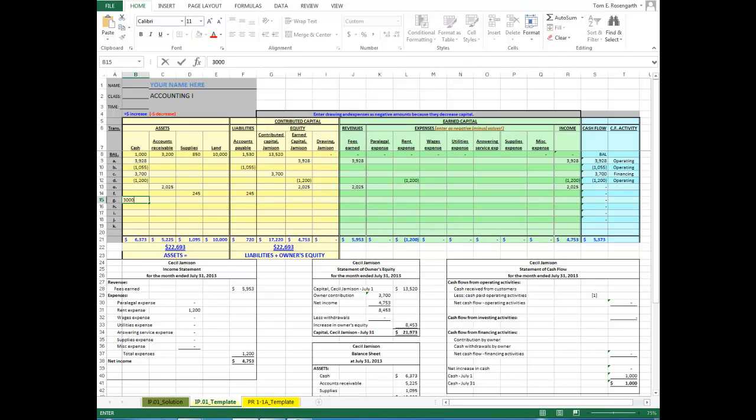So the cash account for Cecil Jameson would increase, and because this was a payment on account, that means some of Cecil's clients paid him some of the $5,225 that would be owed to Cecil Jameson, so the accounts receivable account will decrease.